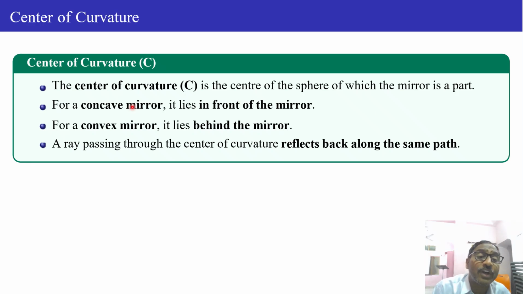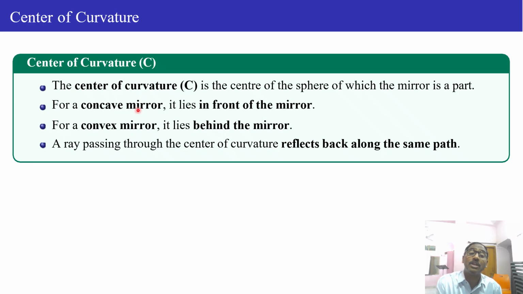Now center of curvature. The center of curvature C is the center of the sphere of which the mirror is a part. For a concave mirror, it lies in front of the mirror.